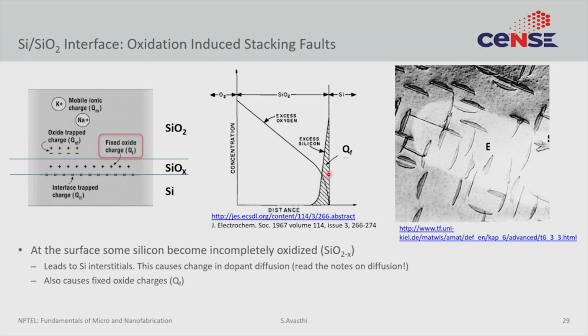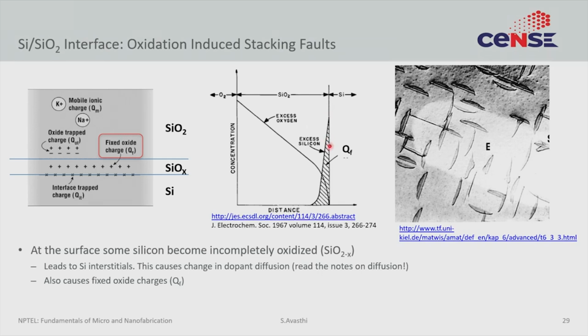The way this oxide increases in thickness is that oxygen is diffusing through the silicon dioxide. There is a gradient of this oxygen, and it reacts at the interface. At the interface there is a very low concentration, but then there is a gradient. While oxygen is diffusing from left to right, because its concentration is higher on the left and lower on the right, silicon must also diffuse from right to left, because the concentration of silicon is higher on the right and lower on the left.